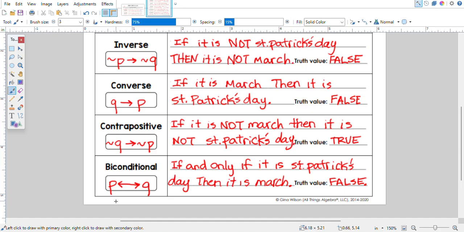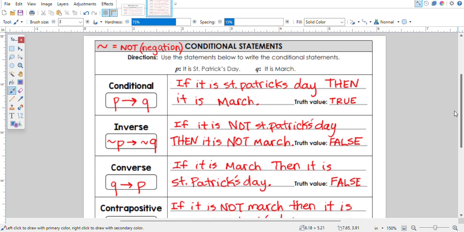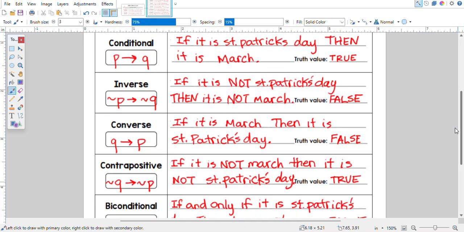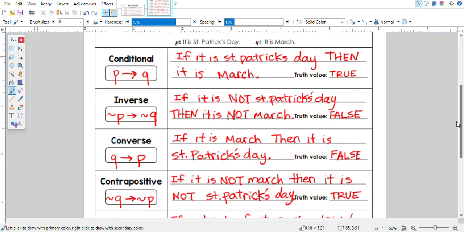So logic statements are always broken down into these either compound or conditional. There are multiple types of conditional. They always look at the order. It is the order that matters.